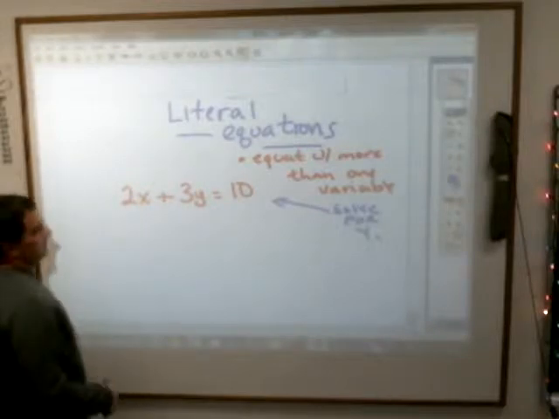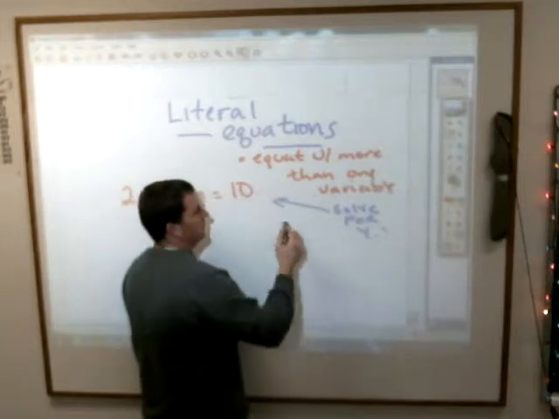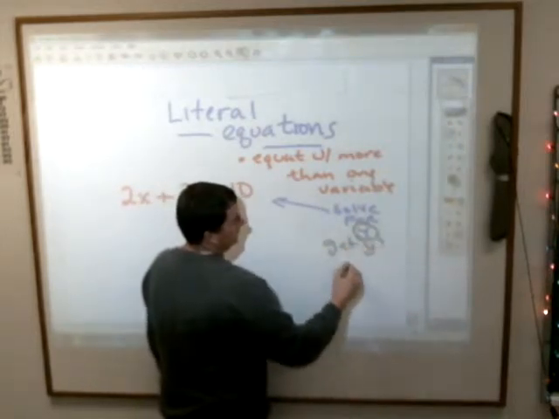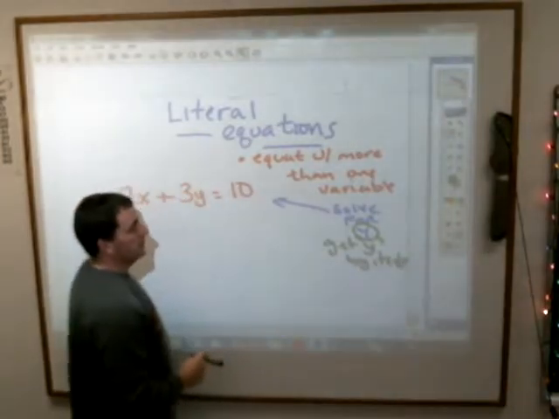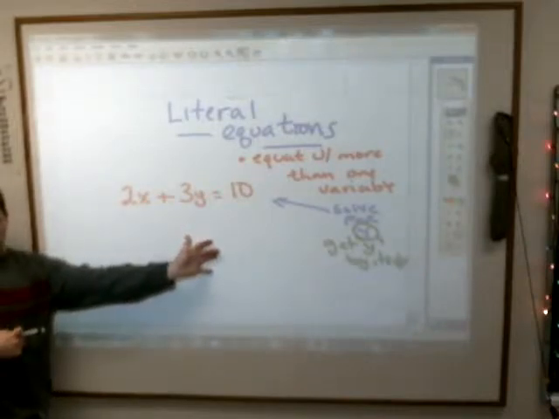But remember, it's the same as solving any other equation we've ever done. Your goal, in this case, is to get the y by itself. You want this to say y equals something.